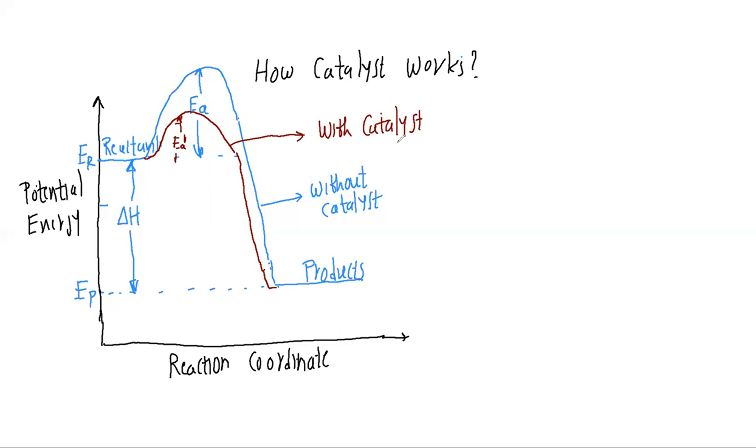You can clearly see that because of the catalyst, the activation energy of the reaction has come down. So we can write a statement that EA with catalyst is lesser than EA without catalyst.